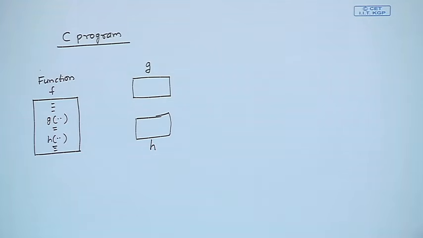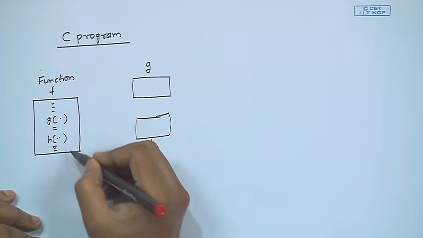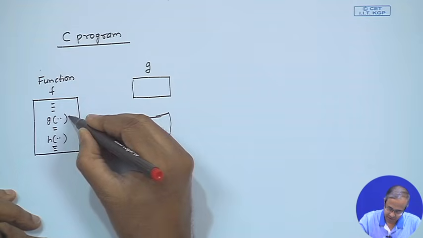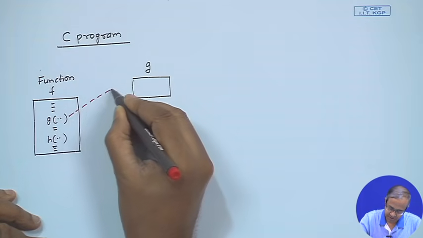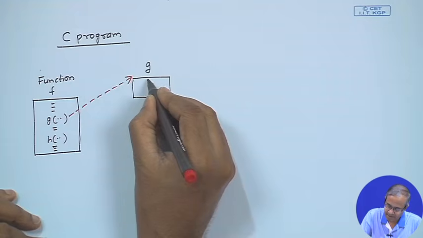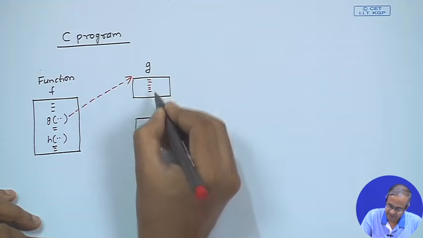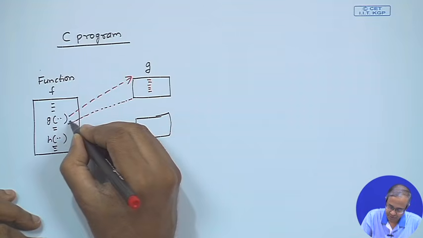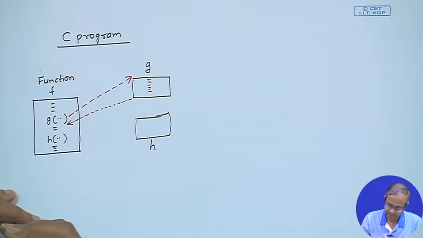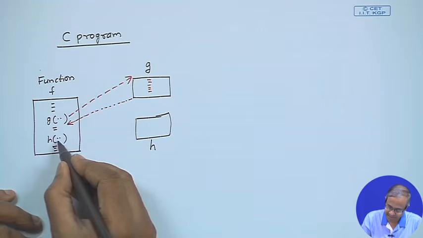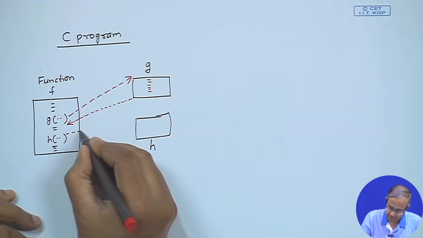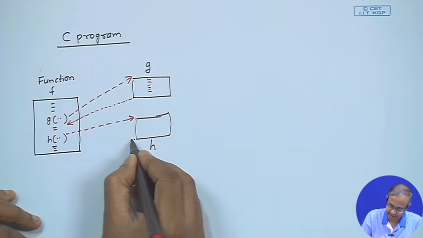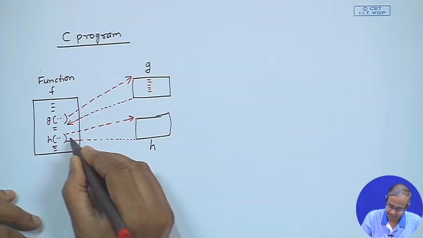In a typical program execution, whenever a function is called, when this function call is encountered, control will be transferred to this function, the code of this function will be executed, and then control will be returned back to the statement following this g. Similarly, when this h is encountered, again control will be transferred to h, it will be finished, and then it will return back.